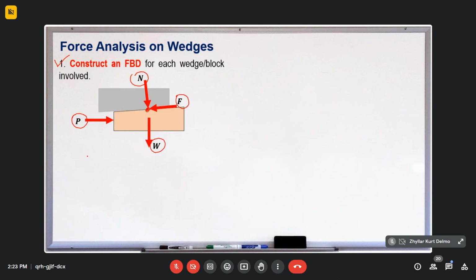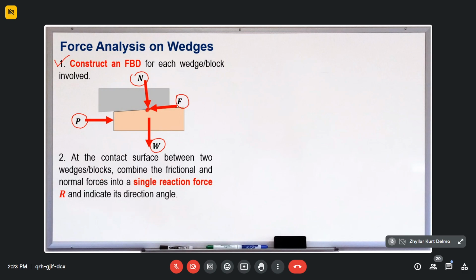Now the second step: in order to simplify the external forces on the wedges and blocks, what you need to do is combine or sum up these two forces that are related to each other. These are the normal force and the frictional force.